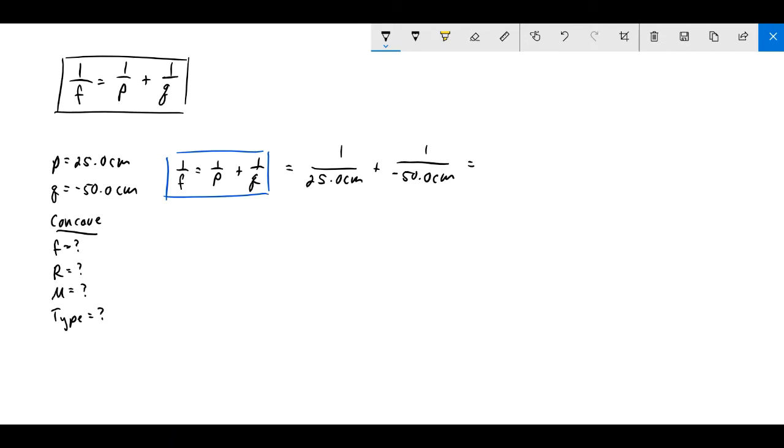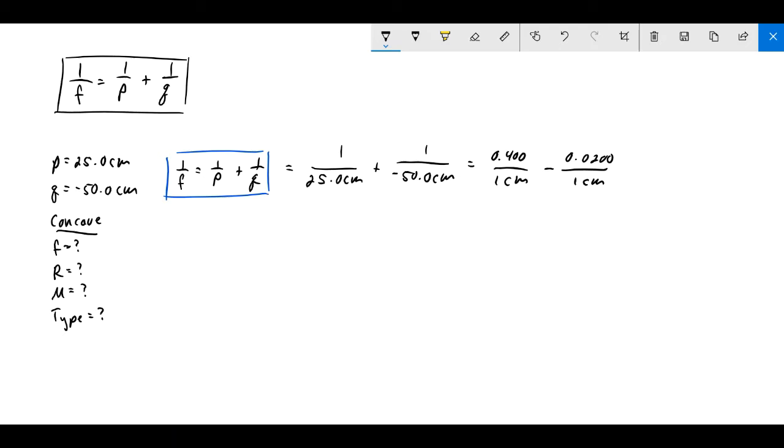And then I'm going to use 1 centimeter as the common denominator for both of these. And so if I do 1 divided by 25, I have 0.0400 over here, plus a negative, which is really going to be negative. And then our 1 divided by 50 is 0.0200, and that's also over 1 centimeter.